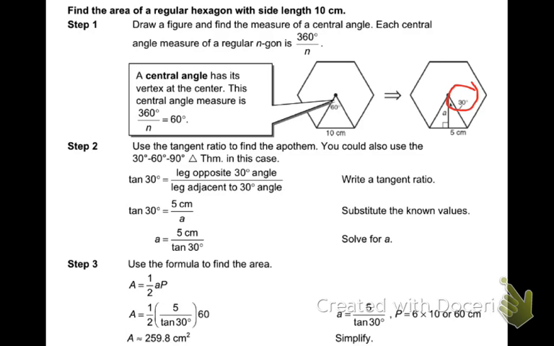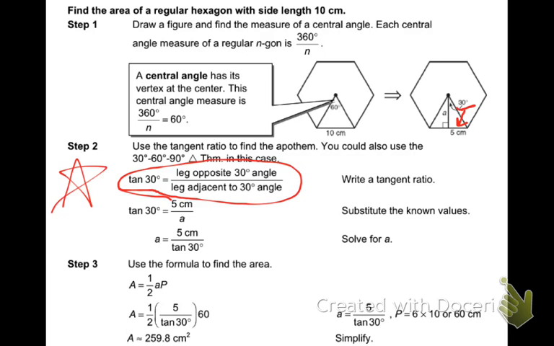Now, here comes the tough part. Step 2. You want to find the apothem. I have this angle is 30 degrees, and I know this one is 5. How do you find the apothem? I have to use what functions? 30, 60, 90. Tangent functions. I'm going to have to use tangent functions to find those missing sides.